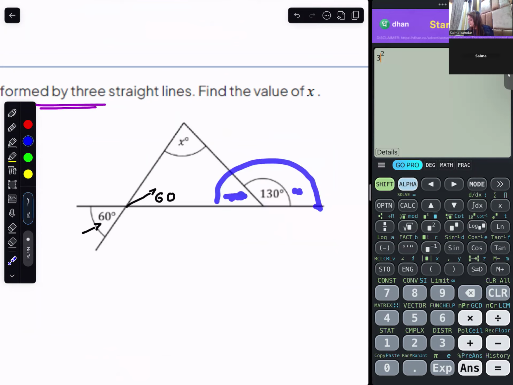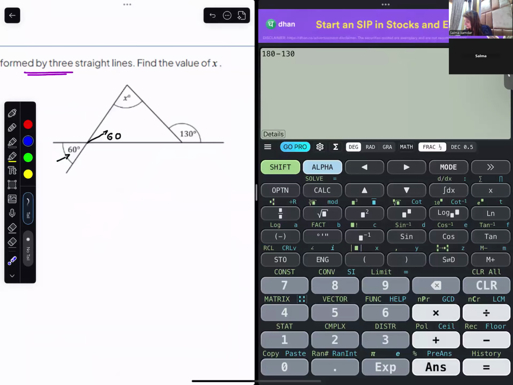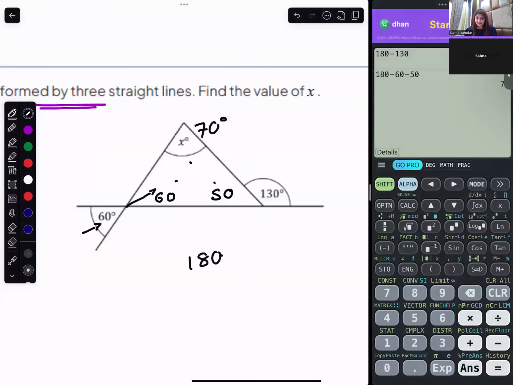This is 130, so this will be 180 minus 130, which is 50. Now I also know that this plus this plus this is 180. So from 180, if I subtract 60 and subtract 50, I get 70. So the value of x is 70.